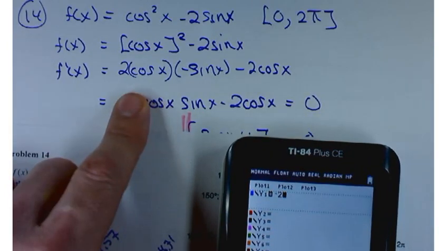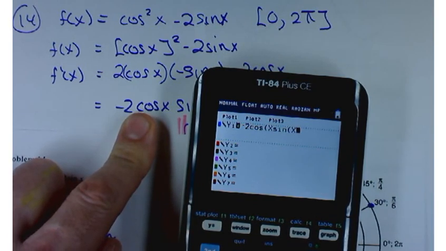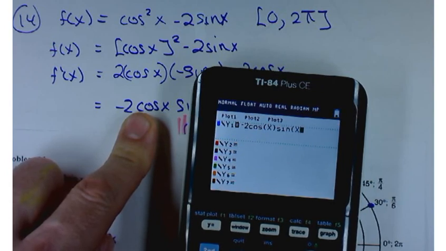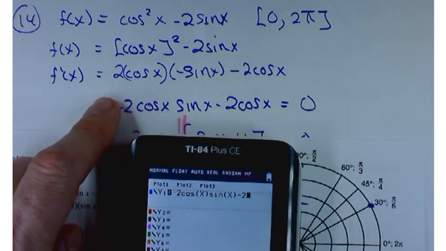Let's see, -2 cosine of x, sine of x. I need a parenthesis there. Sine of x minus 2 sine of x. No, 2 cosine of x.